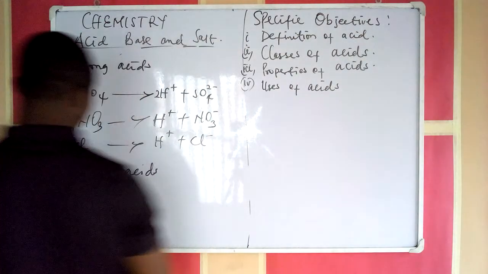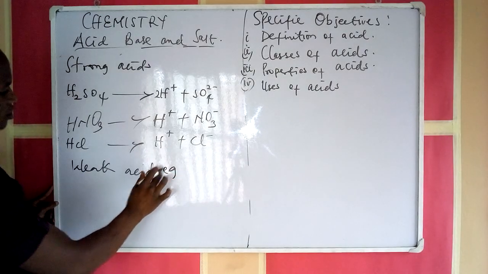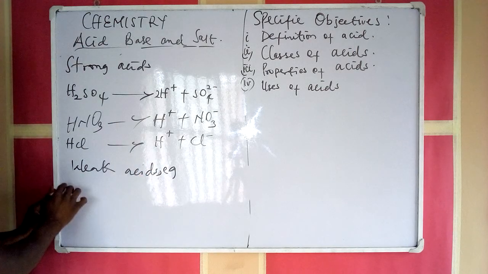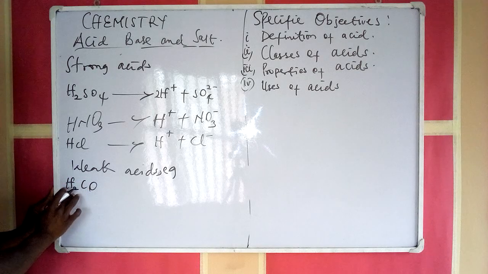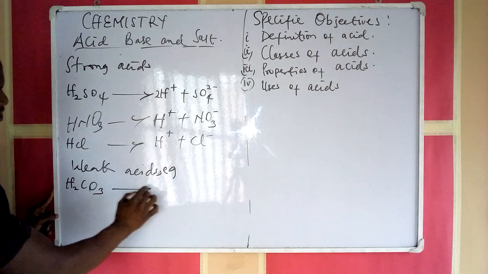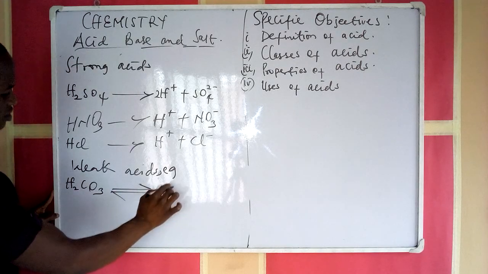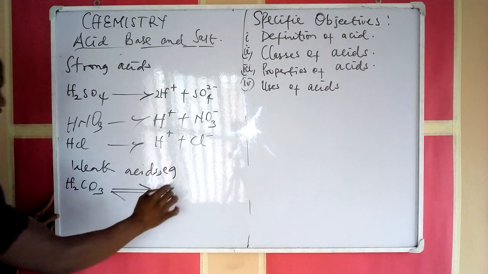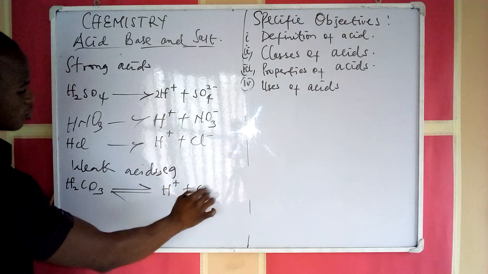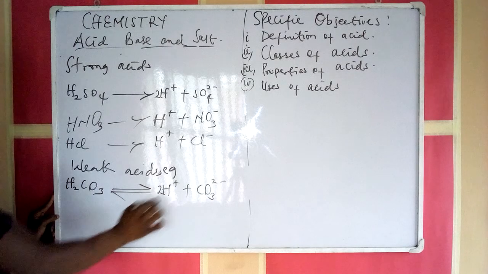Look at it by the equation that we give here. Here we have trioxocarbonate 4 acid, which is H2CO3. When it ionizes, it gives us H plus and CO3 2 minus. You balance it to have this.